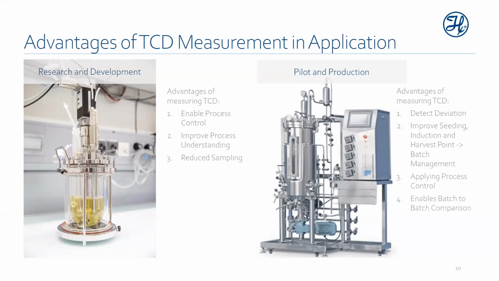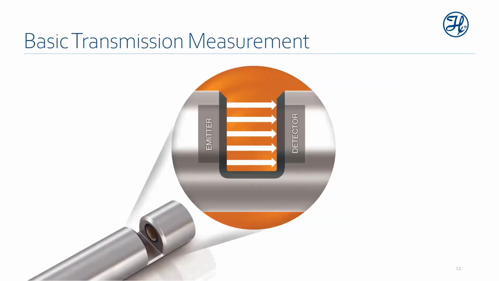And then at the end of the day, you have a golden batch profile, specifically for GMP and production environments. You can look back in your batch records and say, yes, I have this inline fingerprint that characterized the entire process for the TCD measurement. And then reduce sampling.